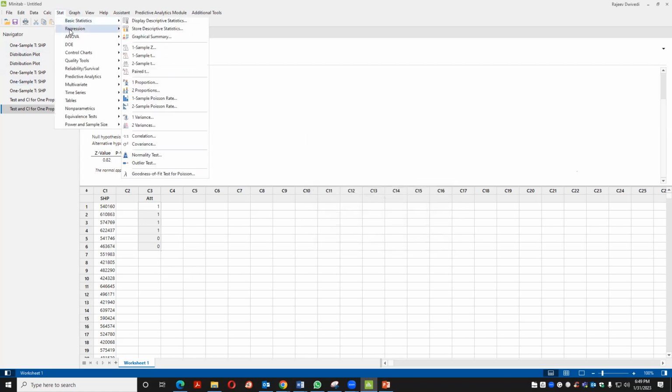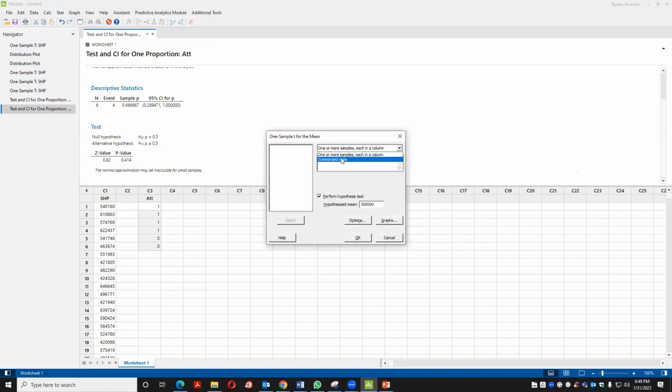And here you can see the option, one sample t. Here you can see the standard deviation. This is the sample standard deviation, along with the sample size. Here we don't have the population standard deviation. So when do we use t, and when do we use z?